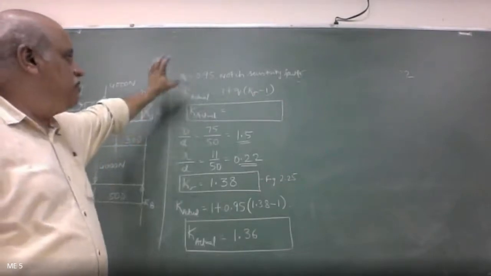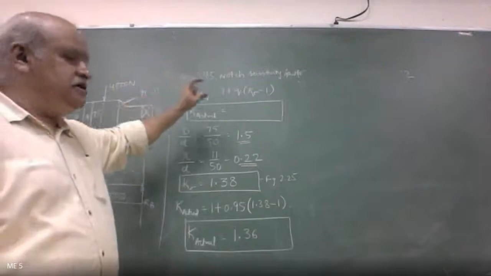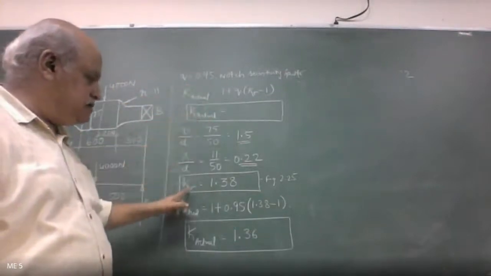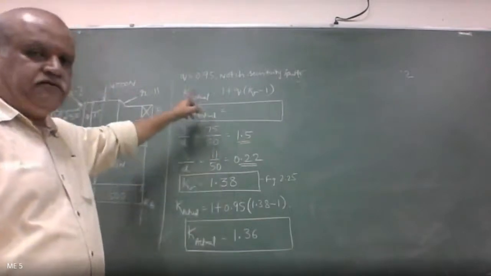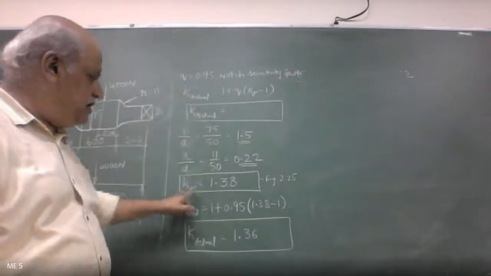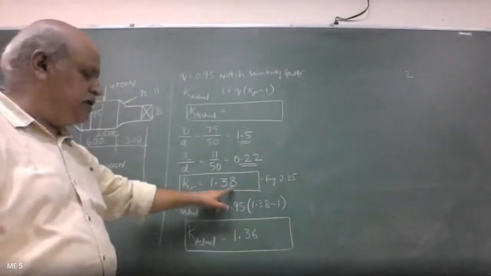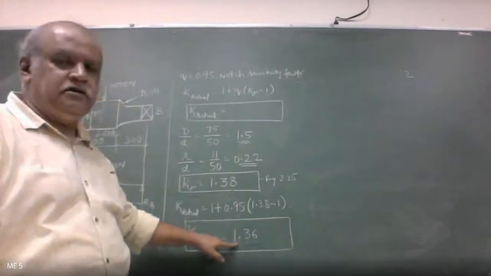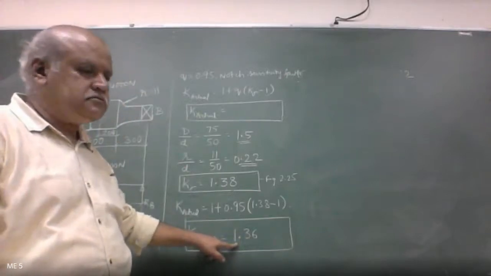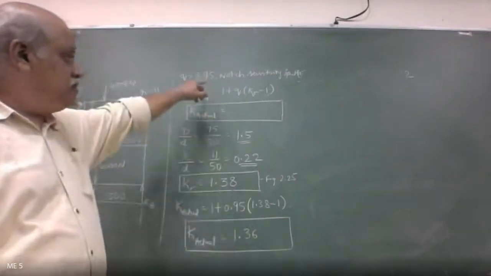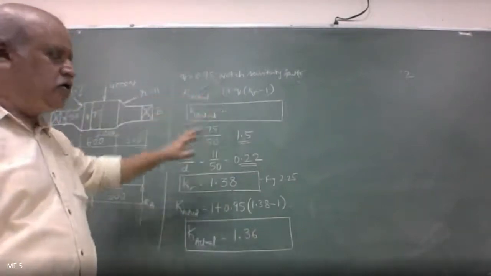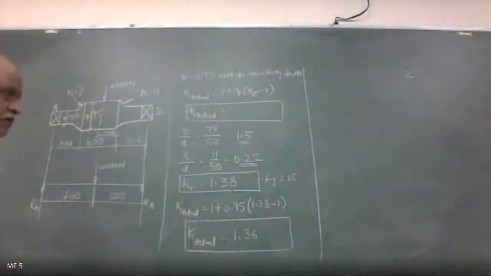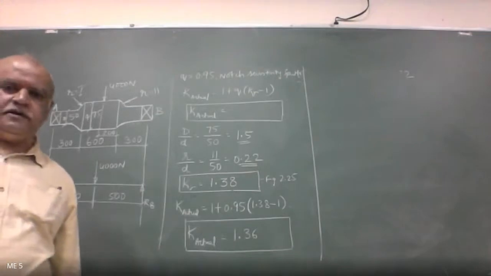As of now, just understand that the notch sensitivity factor gives us the degree to which the stress concentration factor will have effect because of the presence of the notch. The theoretical stress concentration factor is 1.38, but actually its effect is only up to 1.36. That's the importance of the notch sensitivity factor. Note down up to this, then we'll go further.